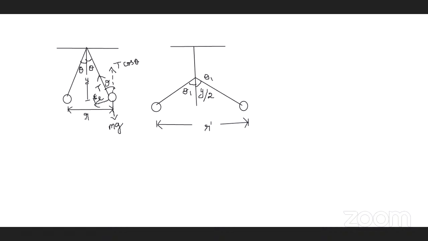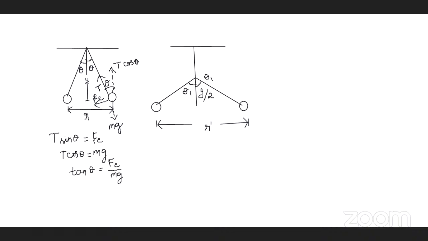So T sin theta equals Fe, and T cos theta is balanced by weight. When you divide both these equations, you will get tan theta equals Fe by mg.